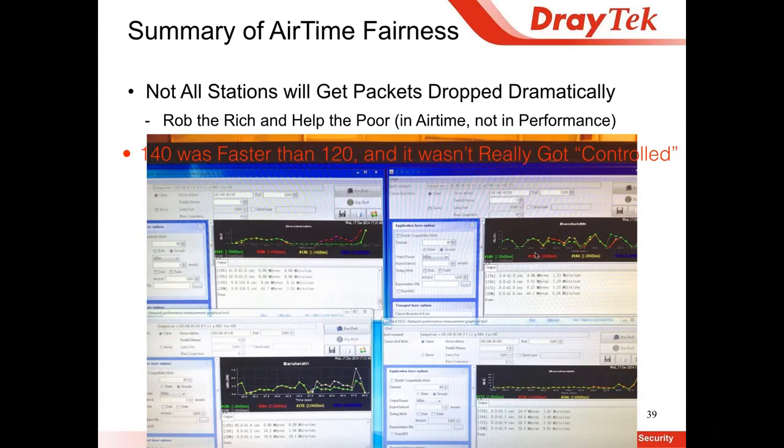And also this 130 here, it was running at more than 10 megabits per second, and you can see it got controlled only around this time, and the rest of the time it barely got controlled. So not every station will get controlled dramatically. Only the guy occupying too much airtime will get controlled.